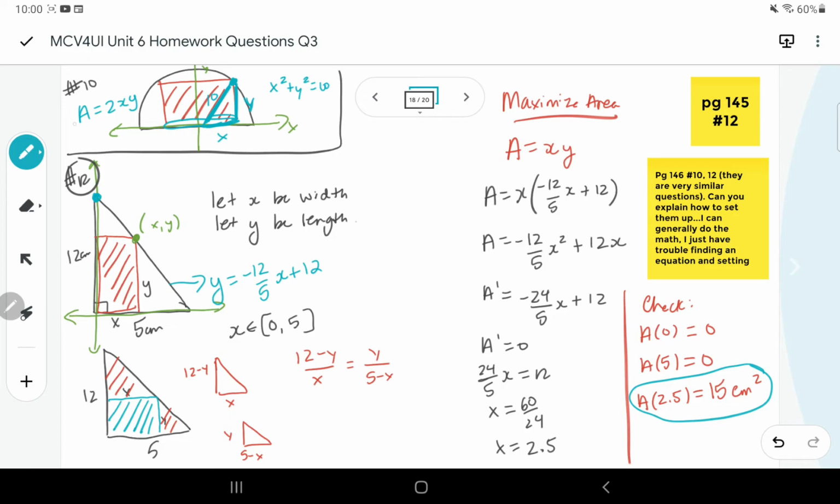That's how I would set that one up. And then you'll use that Pythagorean theorem of that right angle triangle to sub in for one of the variables, x or y.